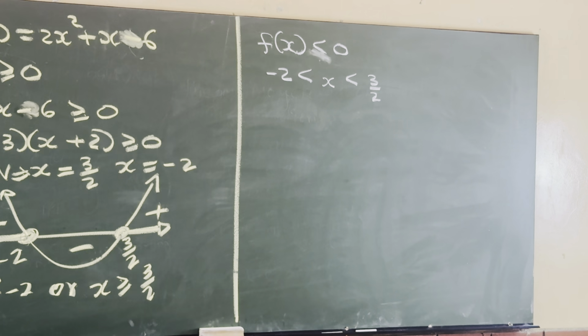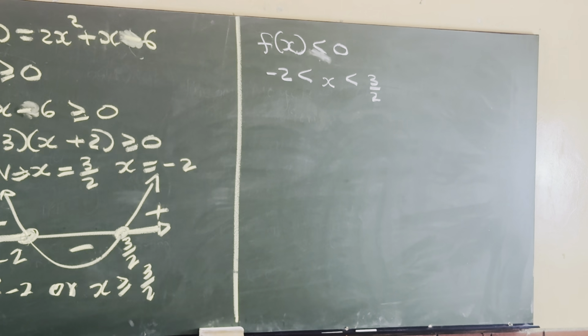We are looking for the values of x that are greater than minus 2, but that are less than 1.5. So now we are adding those integers that are involved. Do we include negative 2 in those integers? No, because negative 2 is excluded. So the first integer will be negative 1 plus 0 plus 1.